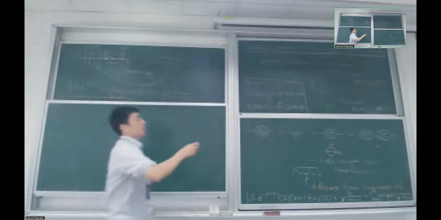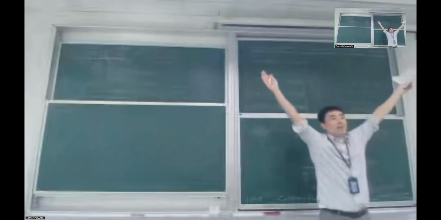So we assume that at past infinity and future infinity the particles separate from each other so that they do not interact.